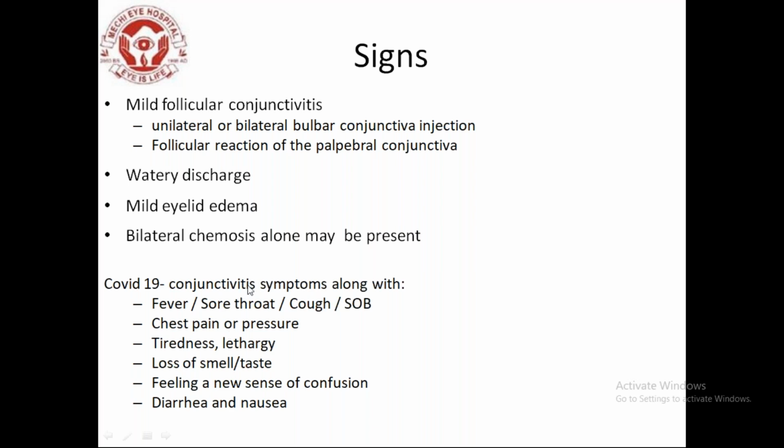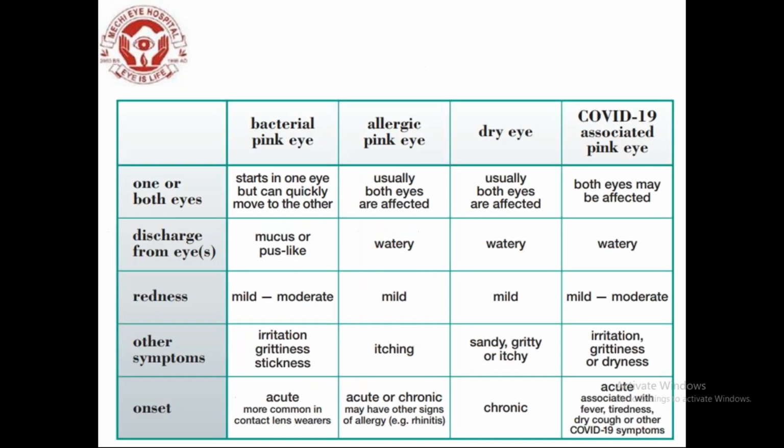So how to suspect that a conjunctivitis may be COVID-19? The patient may have fever, sore throat, cough, shortness of breath, chest pain, tiredness, lethargy, loss of smell or taste, feeling confused, or maybe diarrhea and nausea.